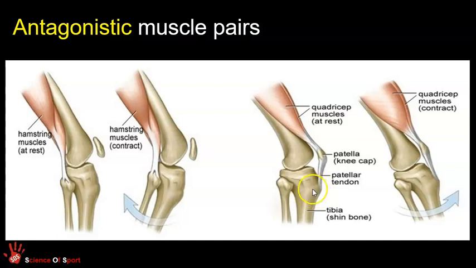It's actually called the tibial tuberosity. So the quadriceps contract, pull on the tendon, which is attached to the bone beneath the joint, pulls on that bone, and you can see the result is extension at the knee joint.